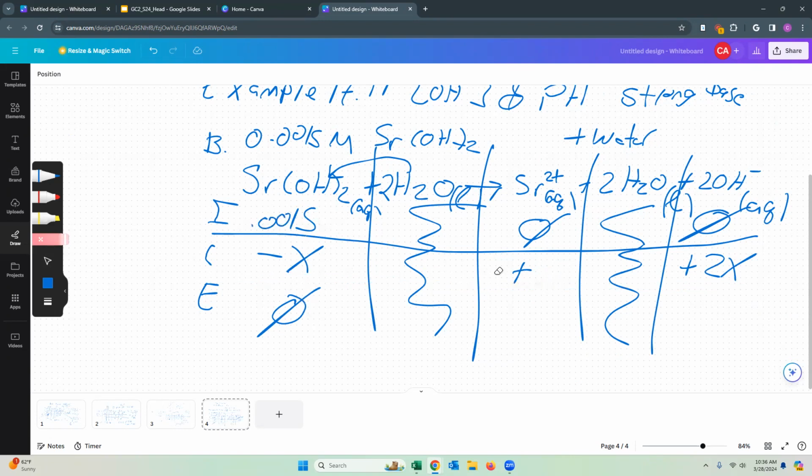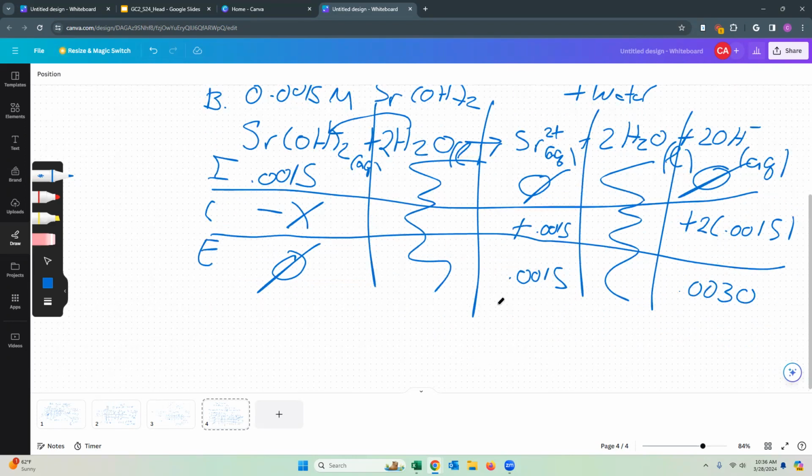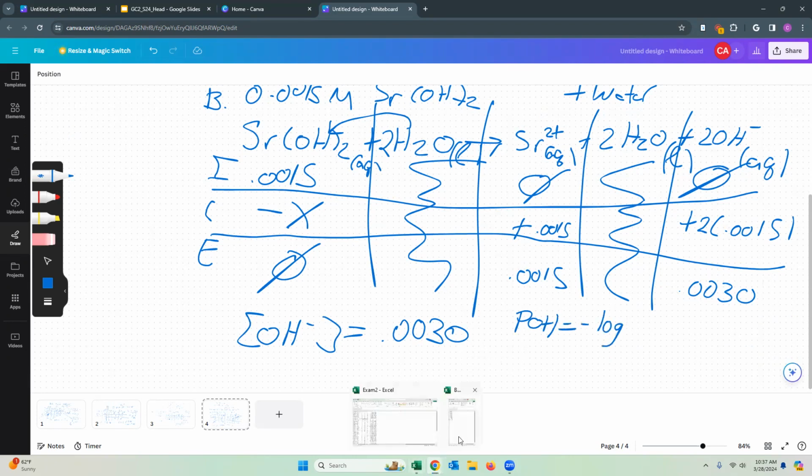because 0.0015 minus X equals 0. So 0.0015, and this would be 2 times 0.0015. So at equilibrium, we have 0.0030 OH minus. So the concentration of OH minus at equilibrium is 0.0030. We can calculate a pOH from this: minus log of your OH concentration.